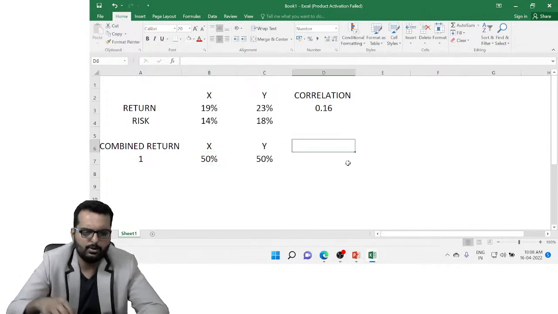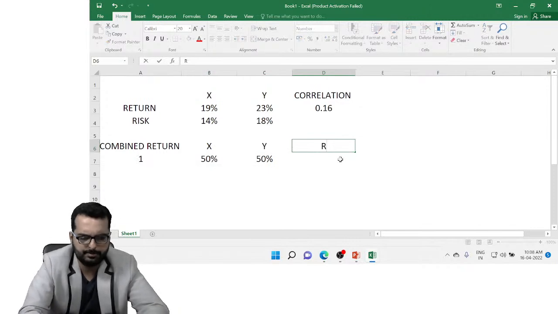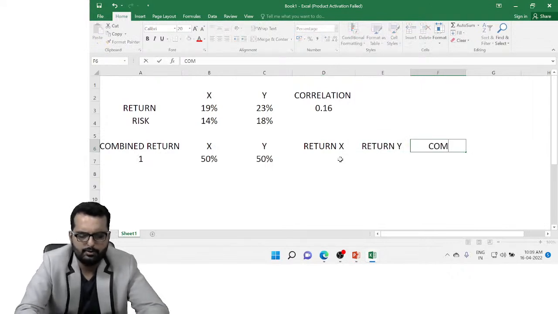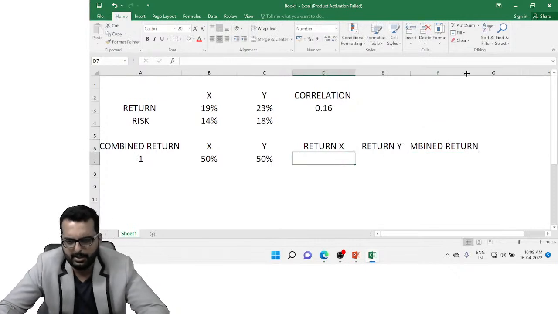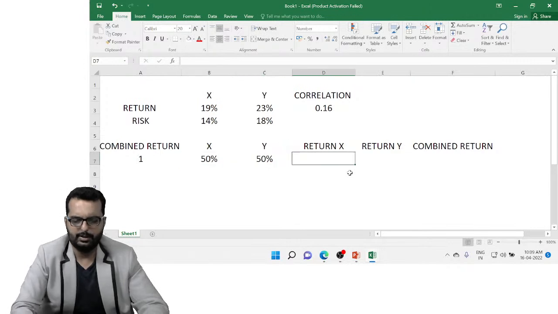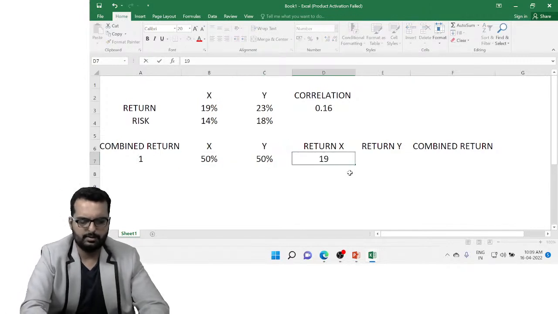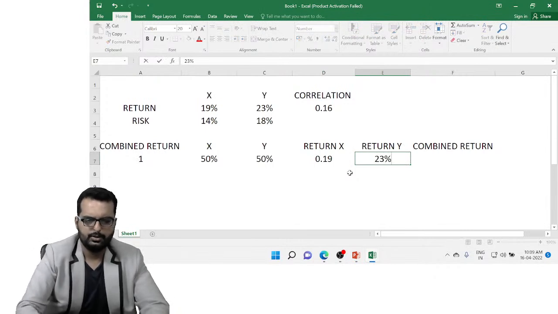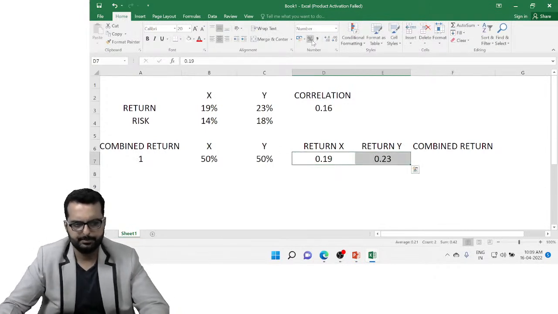So how do I find out now? I know the return of X, I know the return of Y also. From this, I just have to find out the combined return. Am I right? That will be nothing but the weighted average return. So if this is 50-50, I just copy paste over here 19% and here it will be 23%.